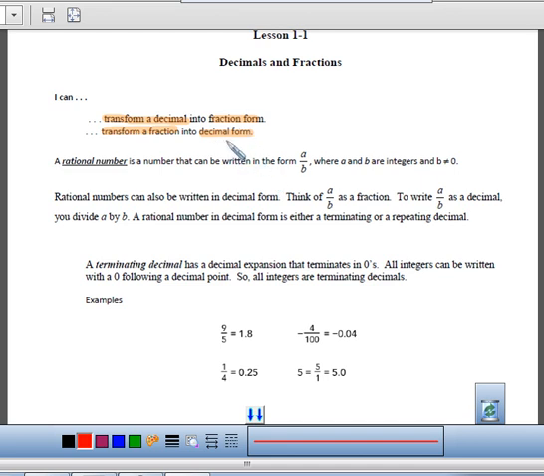One thing I want to point out, when we do decimal form, if there's no number in front of the decimal, I want you to get in the habit of starting with a 0 in front of the decimal.